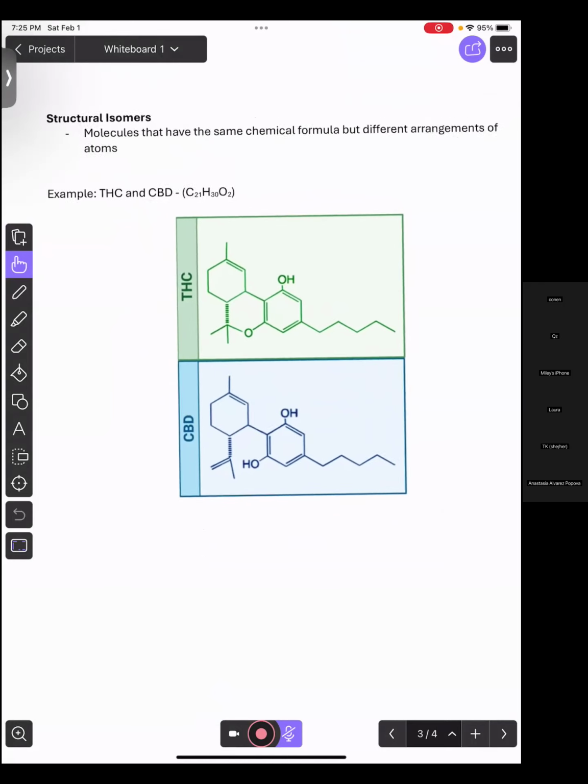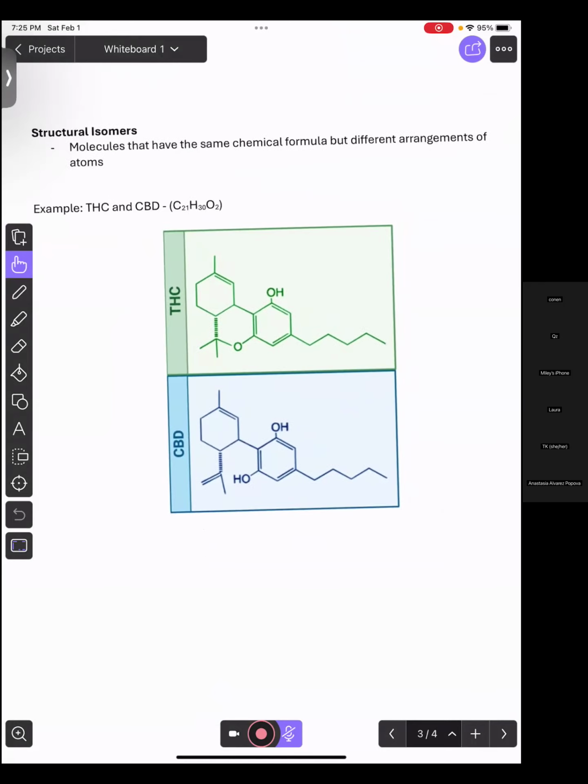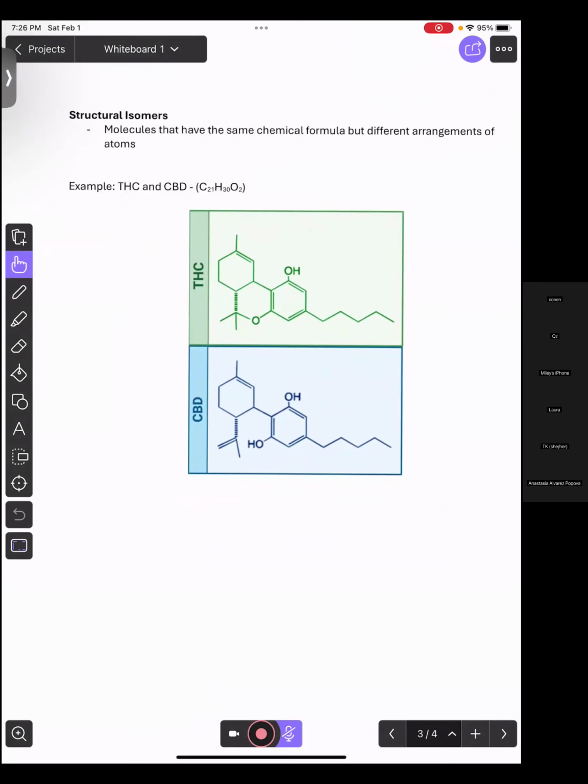I've drawn the lines because the molecule is too big to draw hydrogens. They look similar, but if you look down here, there's a connection here. There's no connection in that location for CBD, but all the same atoms are present in both molecules, and they are totally different molecules.